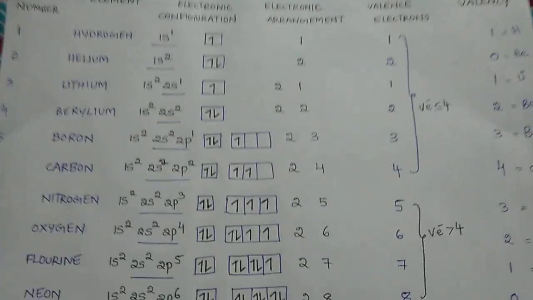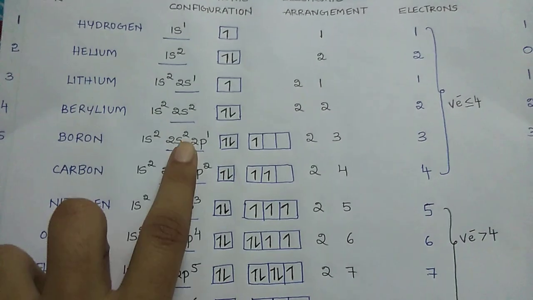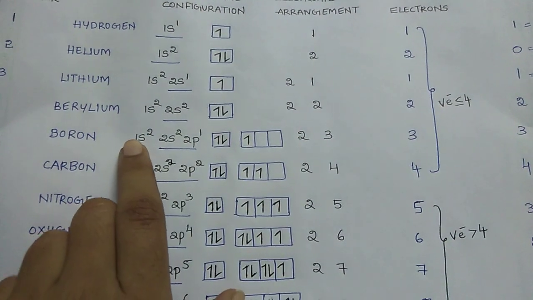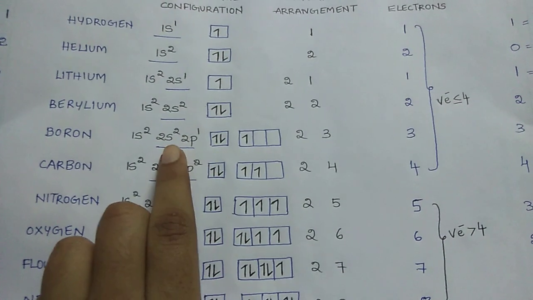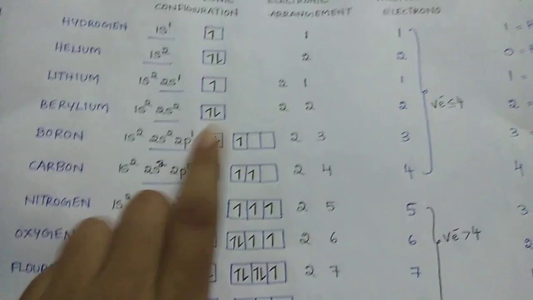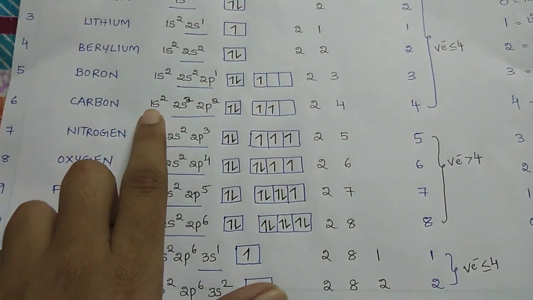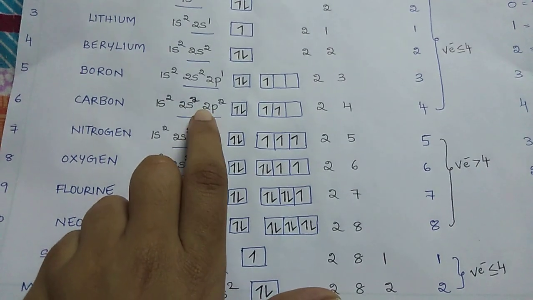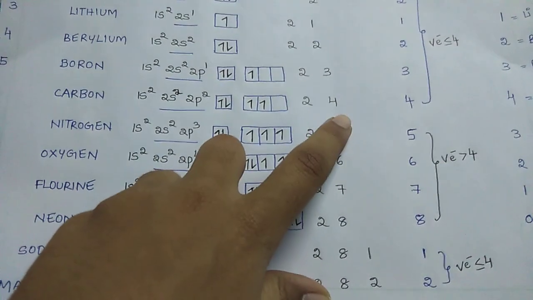What is this trend? Here you can see for boron, 2 electrons are present in the first shell, that's why 2. For the second shell, 2 plus 1, 3 electrons, that's why 3. For carbon, 2 electrons in the first shell, that's why 2, and for the second shell, 2 plus 2, 4 electrons, that's why 4.